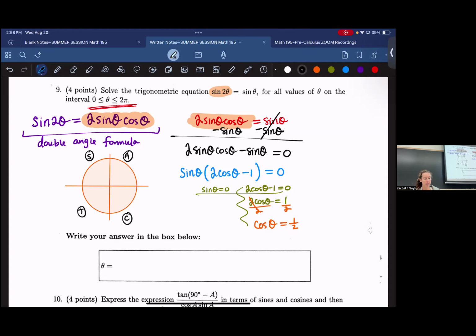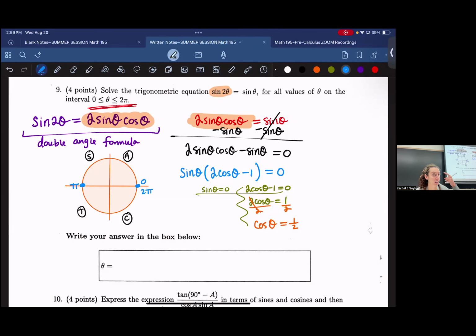For the first one, sine theta equal to 0 tells us where the points lie on our x-axis. We're including all theta values between 0 and 2 pi, including 0 and 2 pi. So what's the value on the left-hand side? Pi.